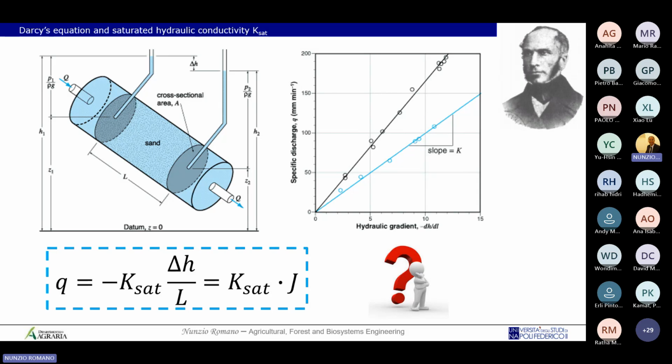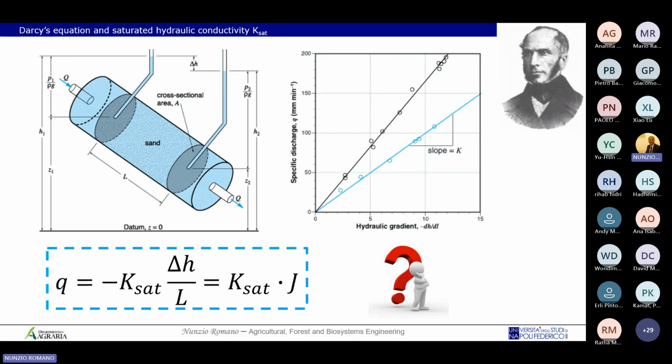The gradient here in this equation is delta H over L, which follows a mathematical rule to compute the derivative. So just to be consistent with the physical things, we have to put the minus sign, to give this analytical equation a physical meaning.